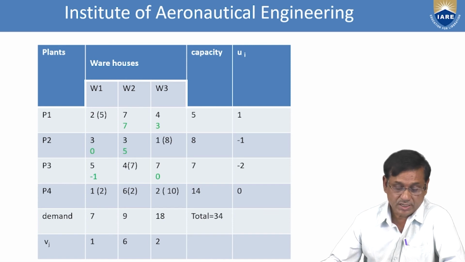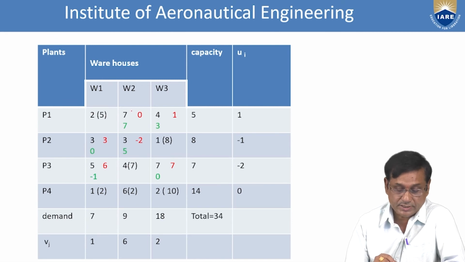Next, find out Cij minus (Ui plus Vj). Now Cij value is 7, Ui plus Vj value is 7. So Cij minus (Ui plus Vj) is equal to 0 here, and here 4 minus 3 is equal to 1, 3 minus 0 is equal to 3, and 3 minus 5 is -2, and 5 minus 6 is -1, 7 minus 7 is equal to 0.